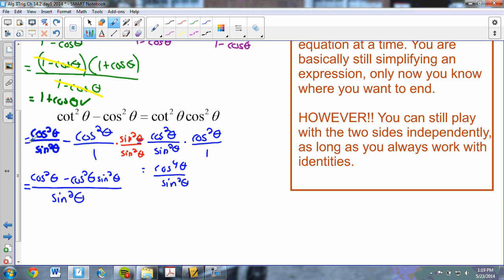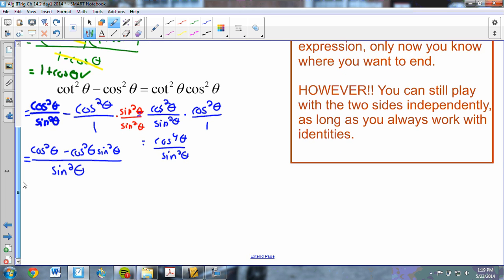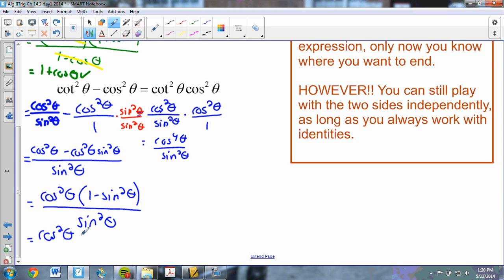Okay, now what? Factor out. Now factoring is going to be helpful. It might have been helpful before, but it definitely is now. Cosine squared times 1 minus sine squared over sine squared. What is 1 minus sine squared? Cosine squared. Wow.